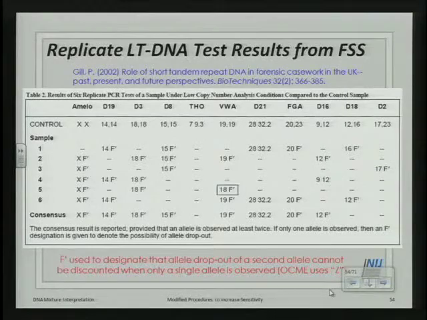And so you can see here at D21, the control sample here is a 28, 32.2. They were able to observe the amplification of those 2 alleles twice, so they're confident that that's the true call there. But for example, in FGA, which was a 20, 23, they only observed the 20 allele twice.